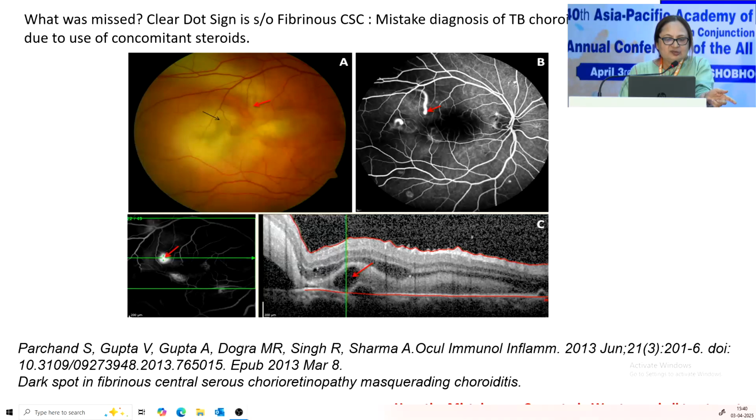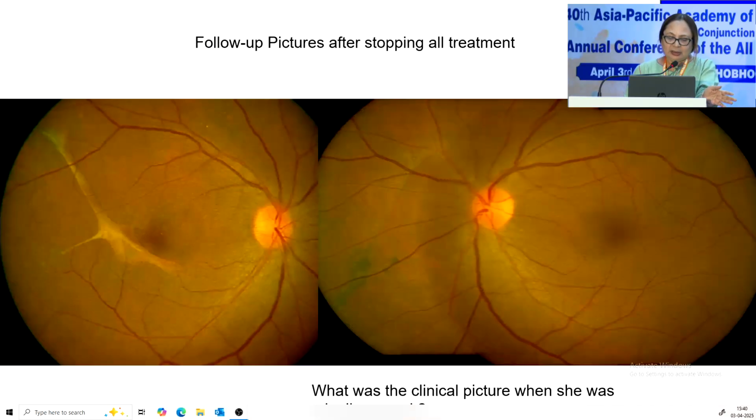So what was missed? The clear dot was missed, diagnosed as choroiditis, TB test done, came out to be positive, treated for ATT, steroids added, worsening on steroids. So how did we correct the mistake? We stopped all treatment, and this is what it was on stopping all the treatment.